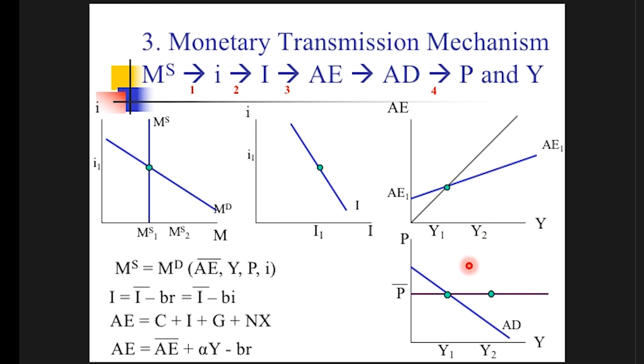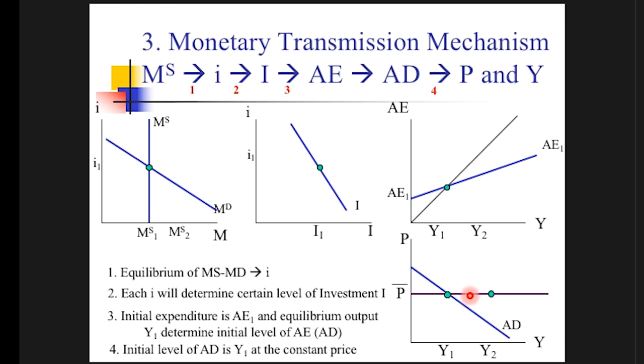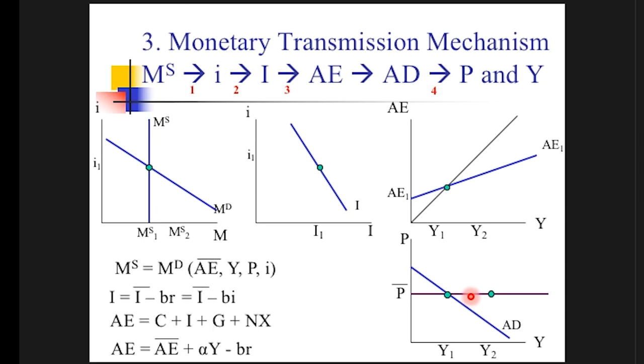And finally, the last equation is the relation between price level and GDP in the economy, and we use big Y to stand for GDP. So now let's go to the explanation.